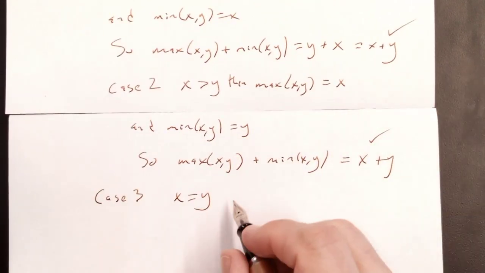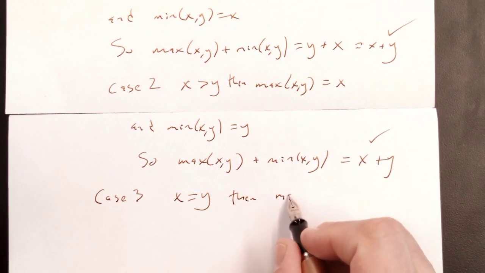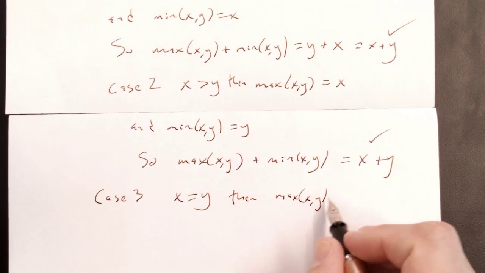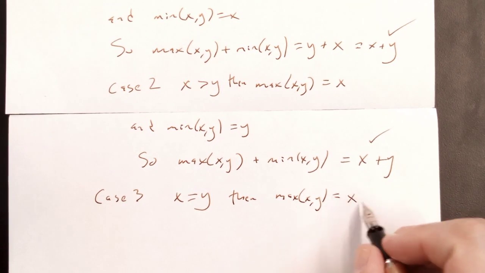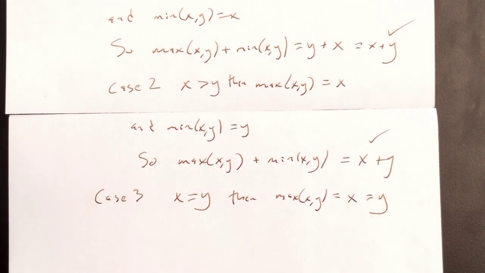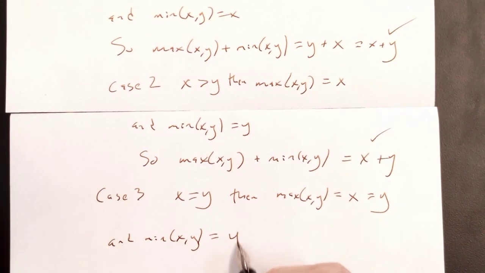Now I get to play. Because I know that the maximum of x and y is x, which is the same as y, so I could use either one. And the minimum of x and y is y, which is equal to x, so I could again use either one.